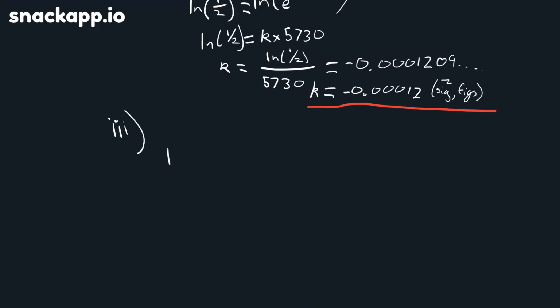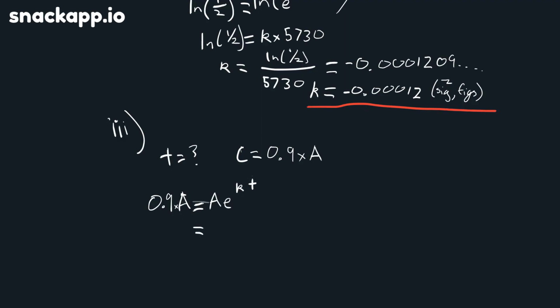So we're trying to say what is T when the amount left is 90% of the original amount. Let's use our formula. Write C, which is 0.9 times A in this scenario, A e to the k, I'm going to leave it as k just for the moment for ease, and we're trying to find t.